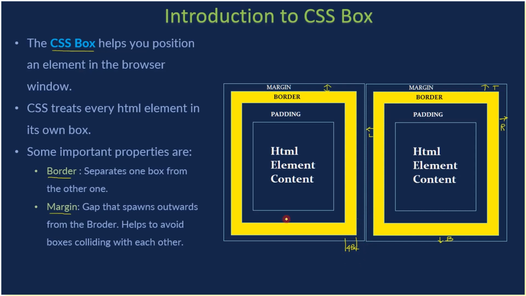That's what we are talking about here. Margin helps to avoid boxes colliding with each other. Even without margin, if two table data are placed side by side, the border will collapse with the next one, or both borders will get merged.